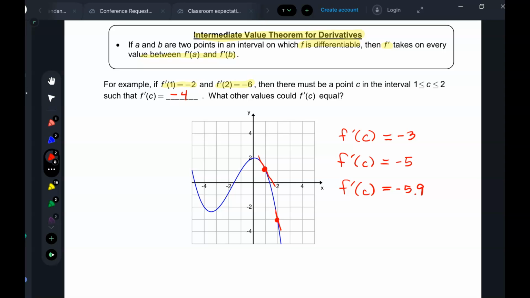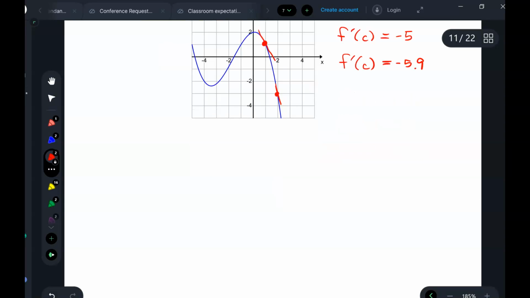So at some point your speedometer has to read 30 miles per hour. You can't skip over numbers. At some point it's going to say 10 miles per hour. At some point it's going to say 30 miles per hour. Okay, so that was it.